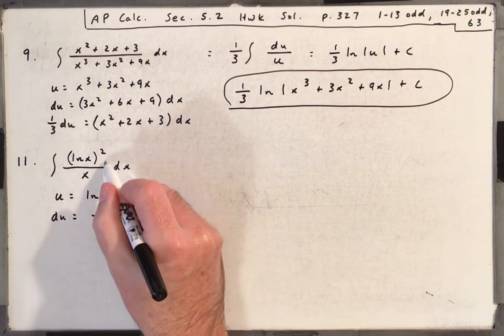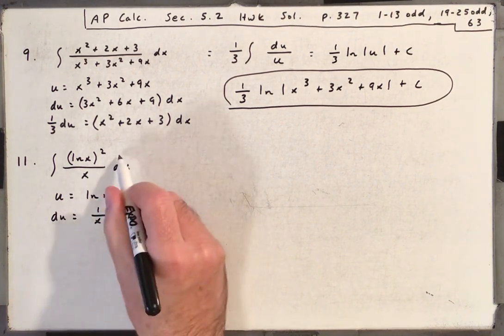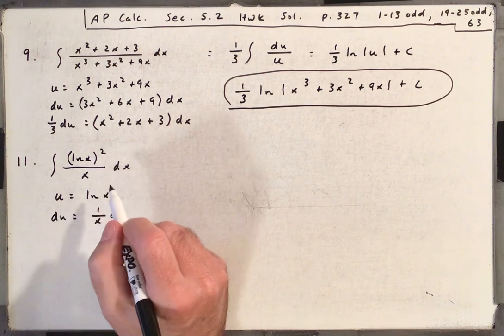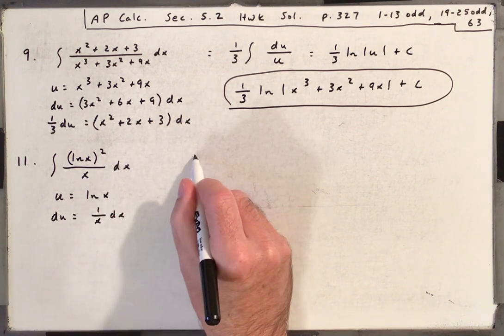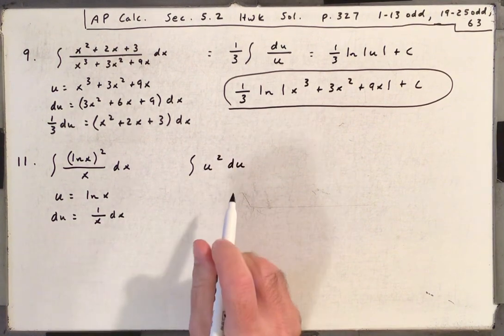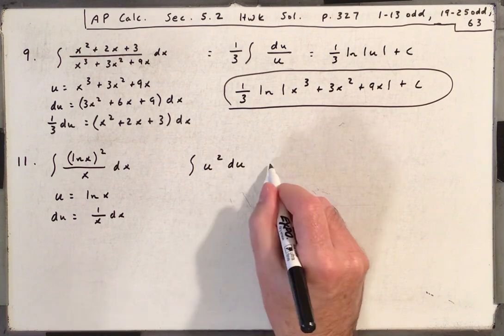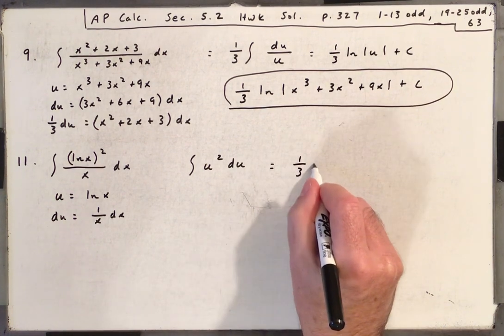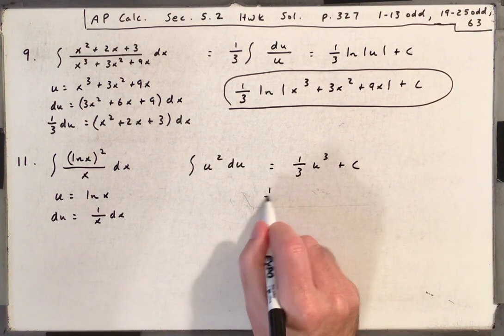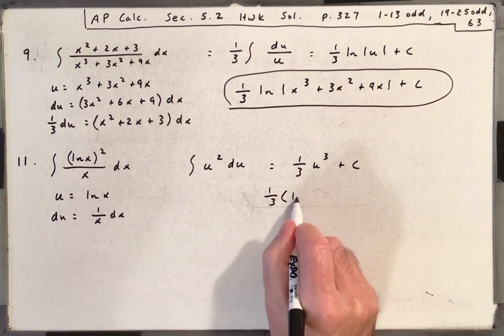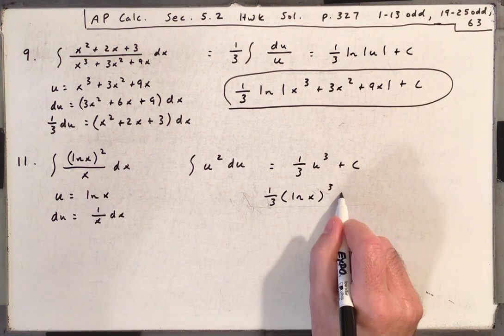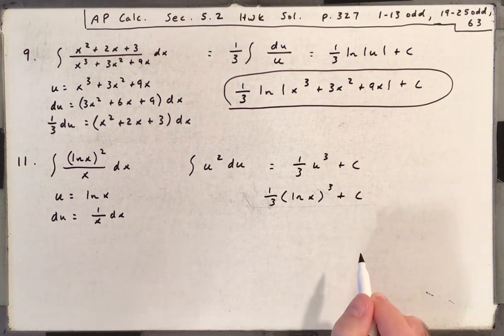And you can see 1 over x, or dx over x, is sitting right there in the problem. Okay, so we can just rewrite this as u squared du. That's going to be 1/3 u cubed plus c. So that's 1/3 times the natural log of x all cubed plus c.